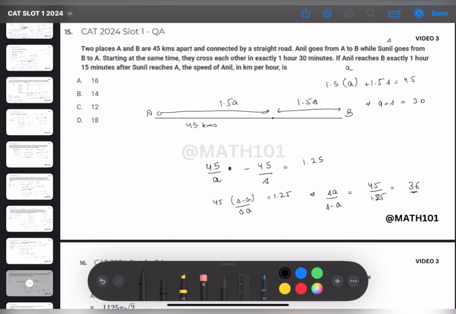We need to find A. So we substitute S equals 30 minus A. Substituting here, we get A into 30 minus A upon S minus A, which is 30 minus A minus A, 30 minus 2A, equal to 36. So A into 30 minus A is equal to 36 into 30 minus 2A.